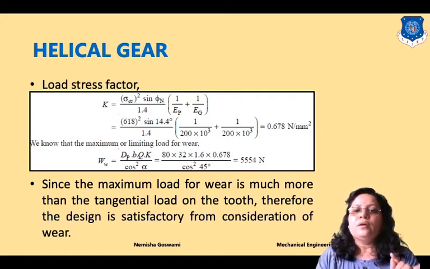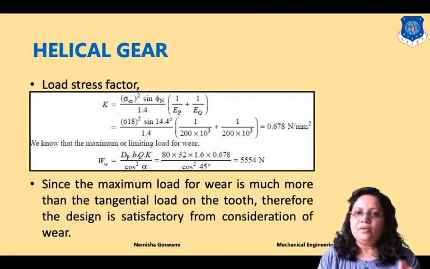So this is equal to 80 multiplied by 32 multiplied by 1.6 multiplied by K 0.678 divided by cos square 45 degrees, or cos square alpha. So alpha is 45 degrees. So you can see here its value is 5554 Newton, or you can say 5.5 kilonewton.